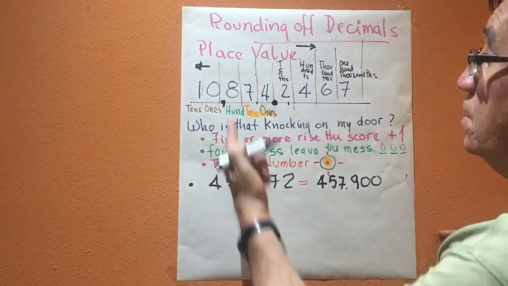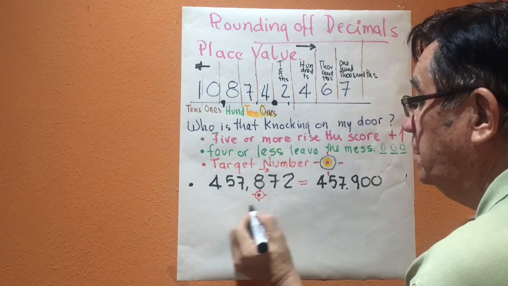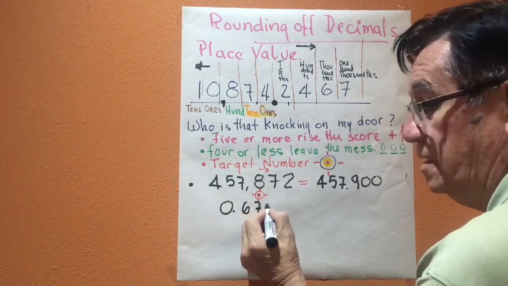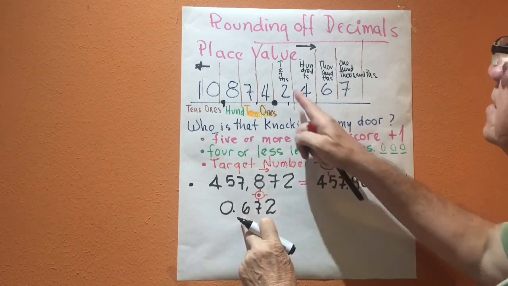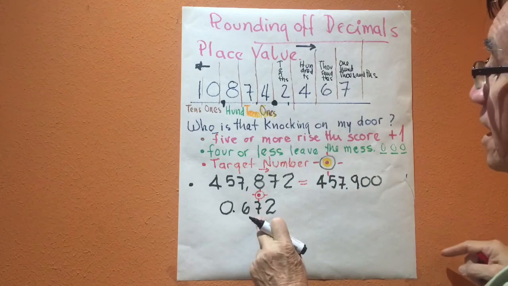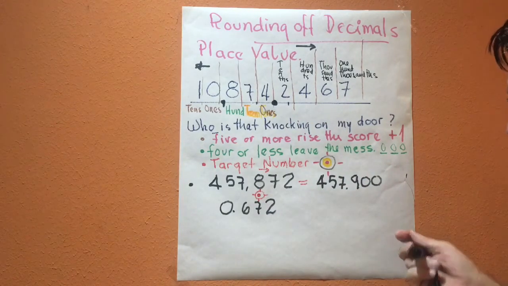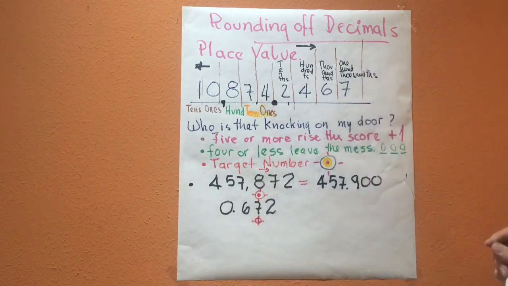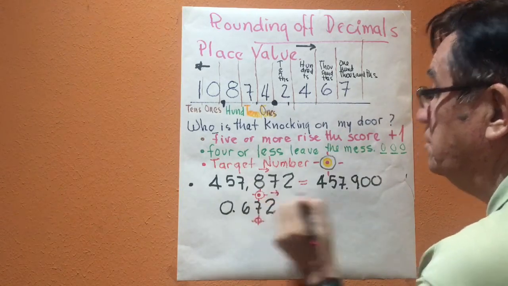Well, this goes for whole numbers. What happens if I have a decimal number? I have a decimal number like this, and it says 6 tenths, 7 hundredths, and 2 thousandths. Well, my target number is this. If this is my target number, I have to check to the right.